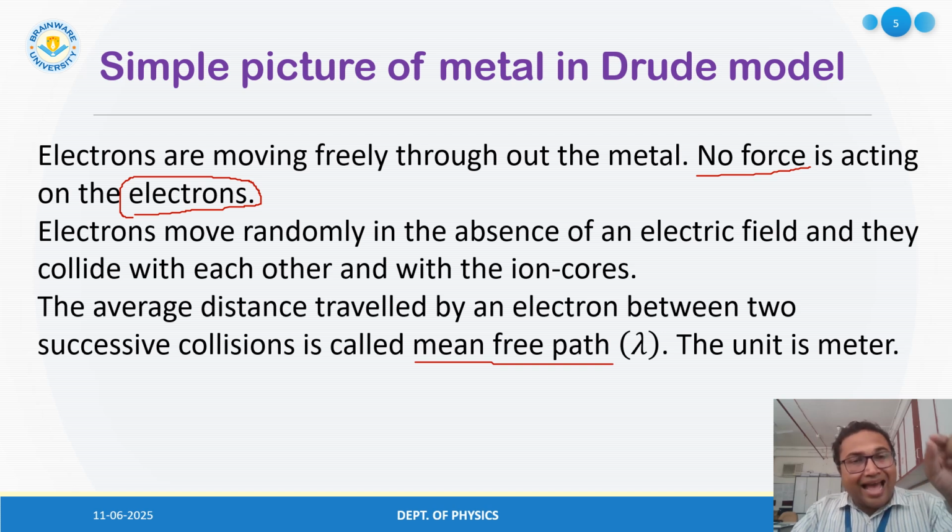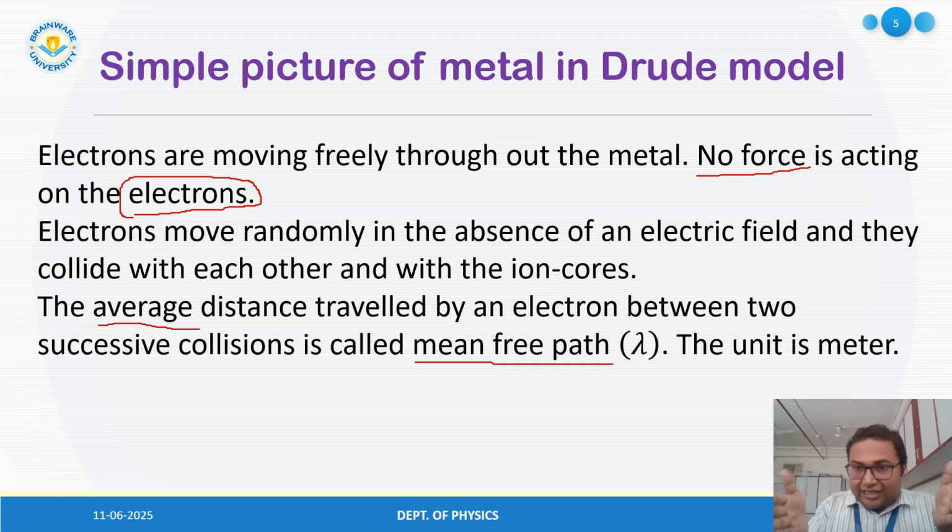Mean free path is the average distance. Please do remember that we must mention this word average. This is the average distance traveled by an electron between two consecutive or successive collisions. That means two collisions that are happening next to each other. So like collision 1 and collision 2, or collision n and collision n plus 1, or collision n minus 1 and collision n.